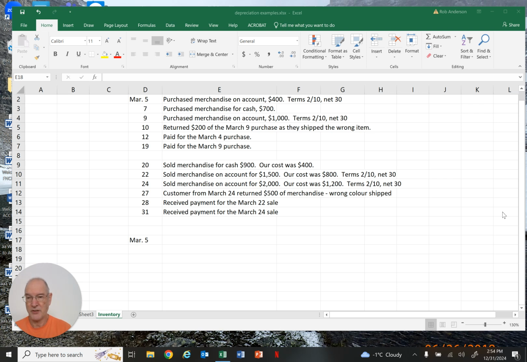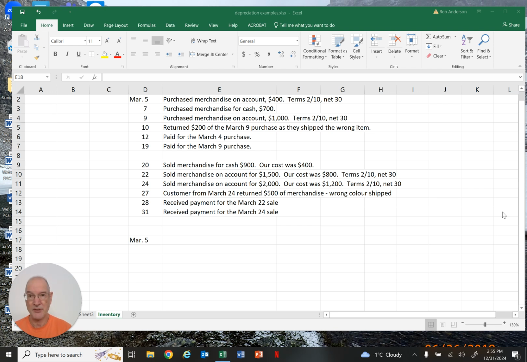There's also a system called the periodic system, but with computer software today and accounting programs being so good, very few companies still use the periodic system. So most introductory courses don't even teach the periodic system. Sometimes you see it at the appendix of a chapter, but for the most part, we're just looking at the perpetual system.